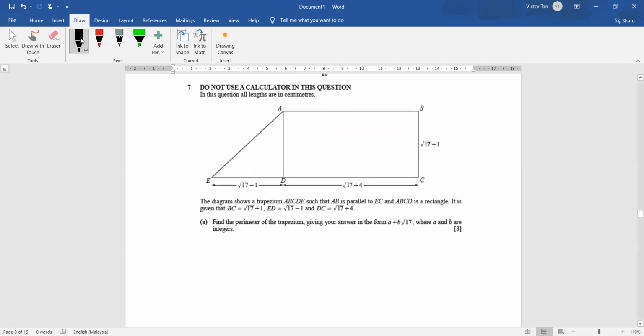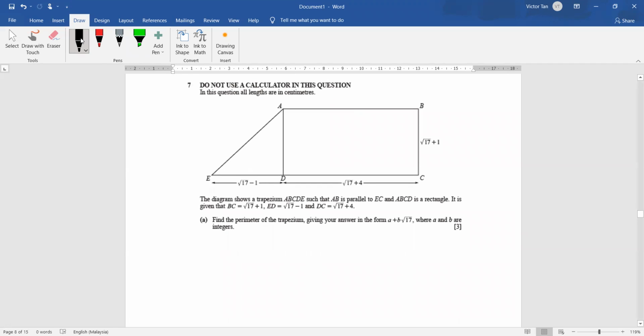Okay, first you need to find AE. AE squared equals root 17 minus 1 squared plus root 17 plus 1 squared.